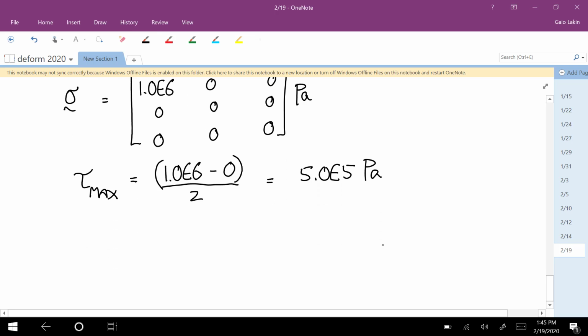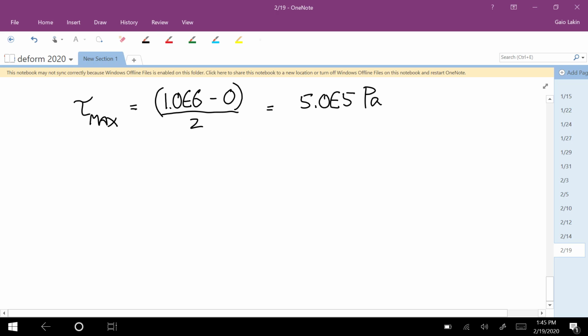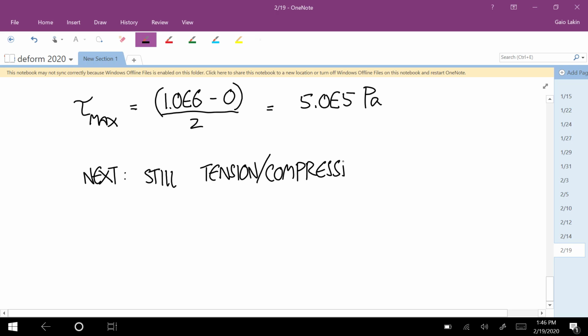All right, so the next thing we're going to do, start on Friday, but we're still on members in tension and compression. And we'll do pressure vessels.